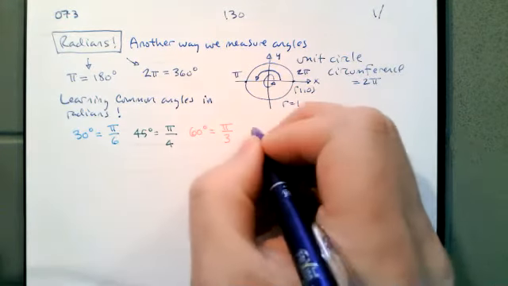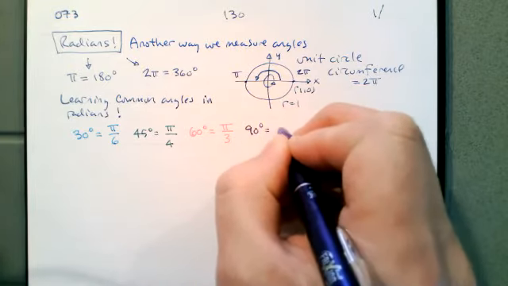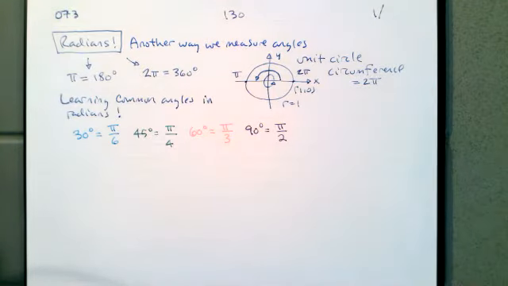And 90 degrees is pi over 2. Pi is 180 degrees, so 90 degrees is half of that, pi over 2. So we want to keep these 4. We want to remember these 4. Because going around the unit circle, our common angles are going to just count in these fractions going around the circle.